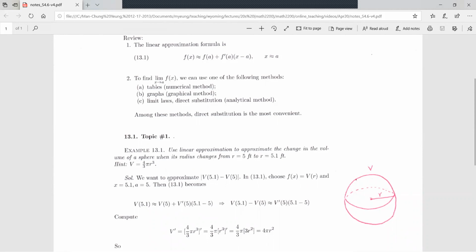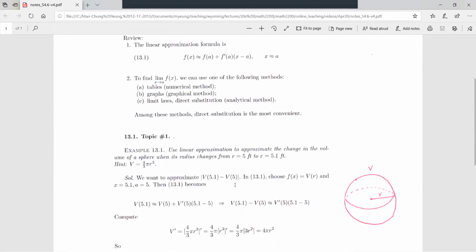Here we are given the volume formula of a sphere. The change in volume from 5 to 5.1 is this difference: volume at R is 5.1 minus volume at R is 5. The difference is the change.